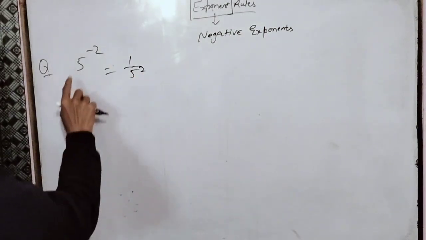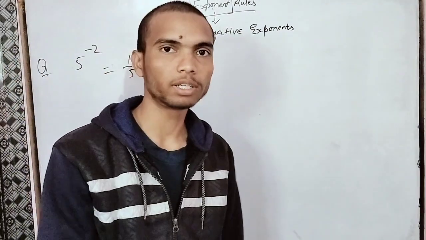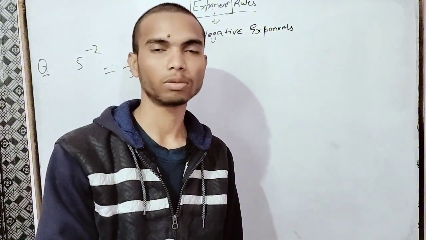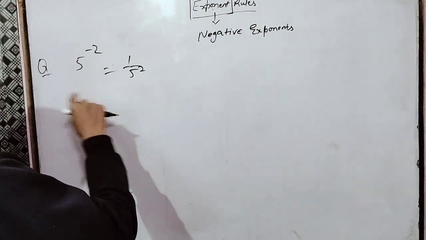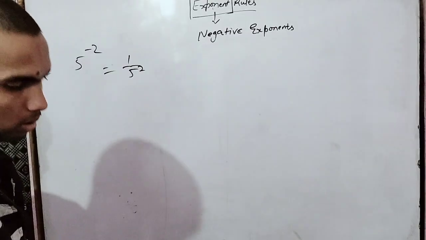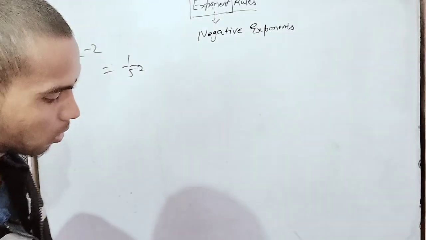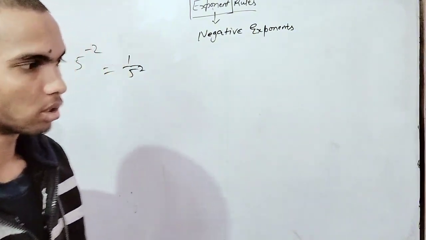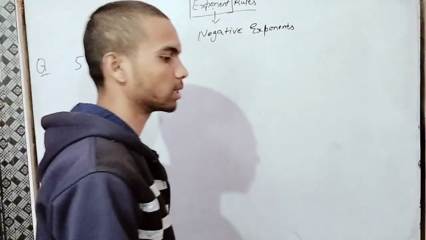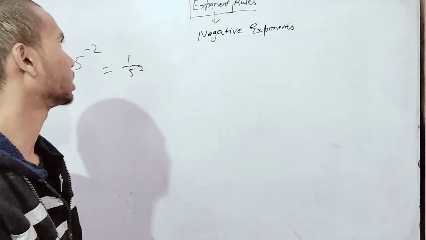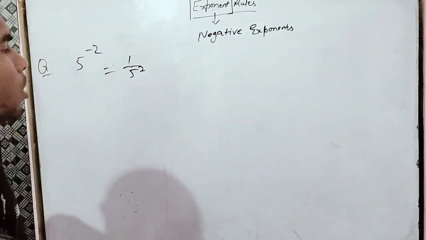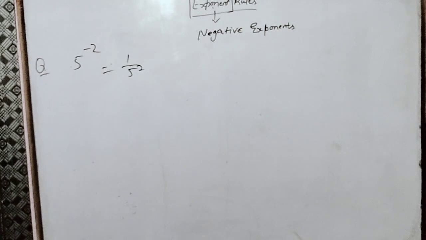So here we change the position of 5 raised to the power minus 2. If we change the number which has the negative exponent, then in the denominator our exponent would be with addition. Clear? In the case of a negative exponent, our sign will change.